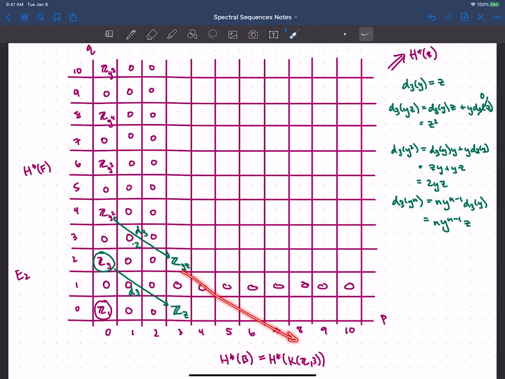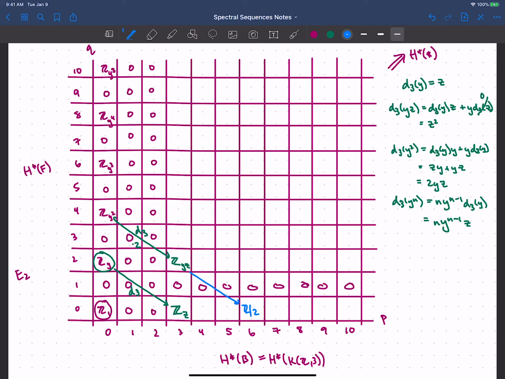So if that were to happen, then this would leave us with a Z2 in this spot, and we're supposed to be converging to the cohomology of a point. So everything but that first copy of Z needs to die. So there better not be a Z2 there. And that tells us, maybe this is sort of for a different reason, so I'll use a different color, that there should be a Z mod 2 here to receive that differential.